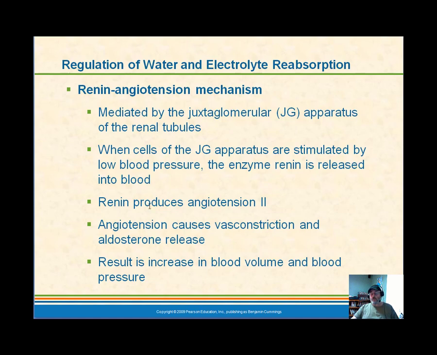The renin produces something called angiotensin II, which causes vasoconstriction of our vessels, which causes an increase in blood pressure. So it results in an increase in blood volume and blood pressure. It also, by the way, stimulates aldosterone release.